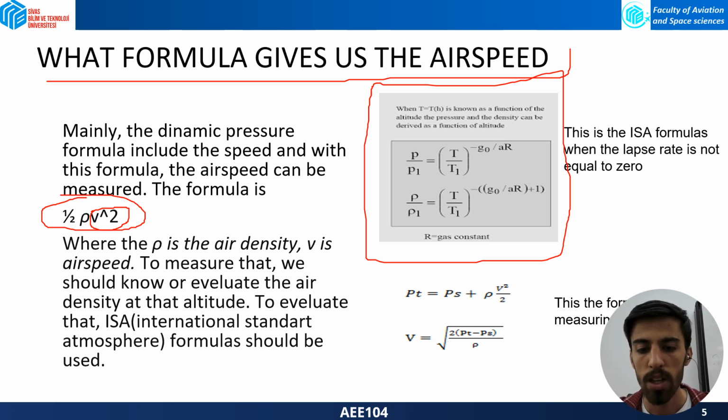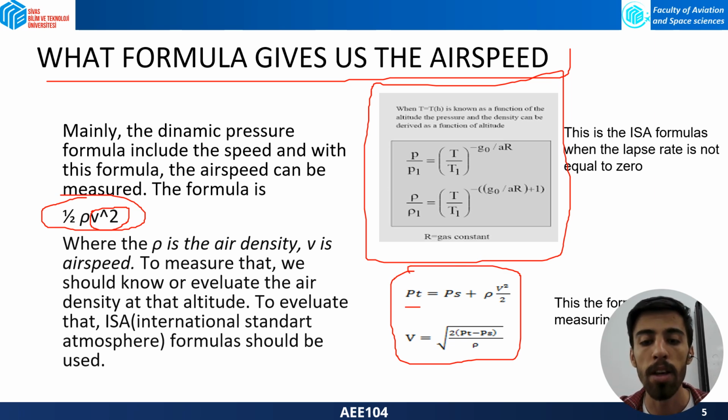As you can see, this is the basic formula, and you can derive it. I will explain. P total equals P static plus this, which, as I mentioned, is the dynamic pressure formula.